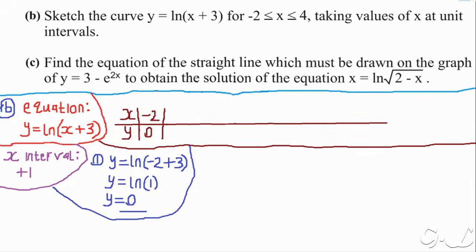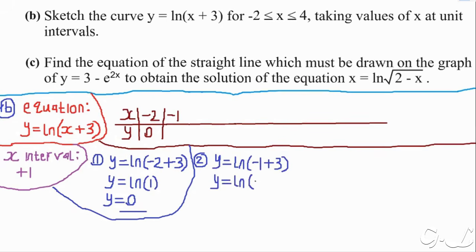Let's now go to the next one. Since we said the unit interval is positive 1, when we add -2 plus 1, it will give us -1. So we replace x again with -1.